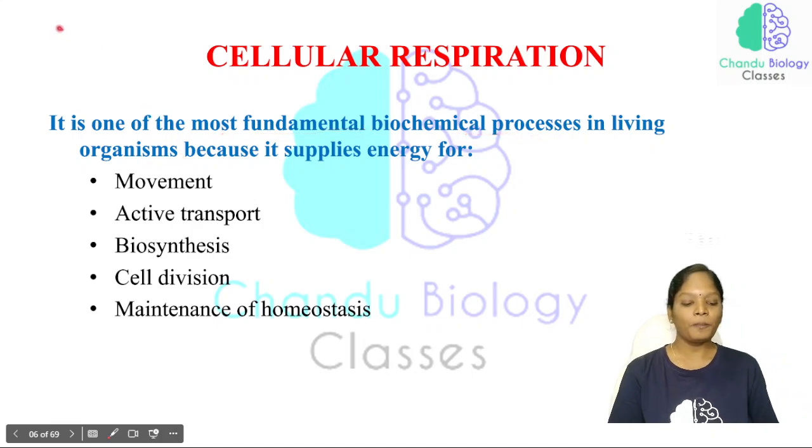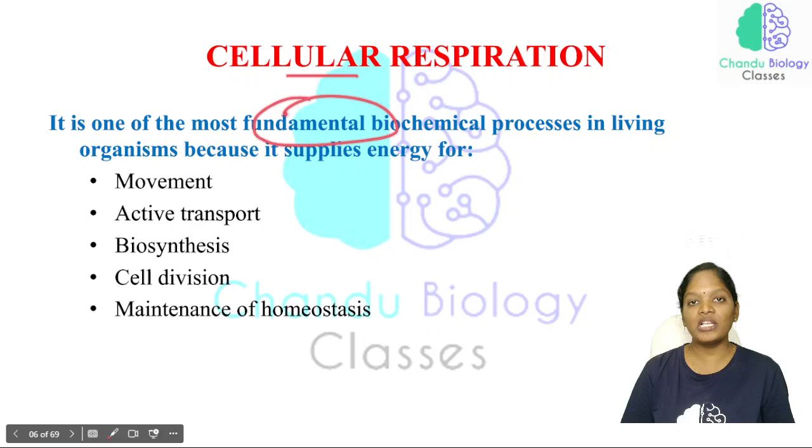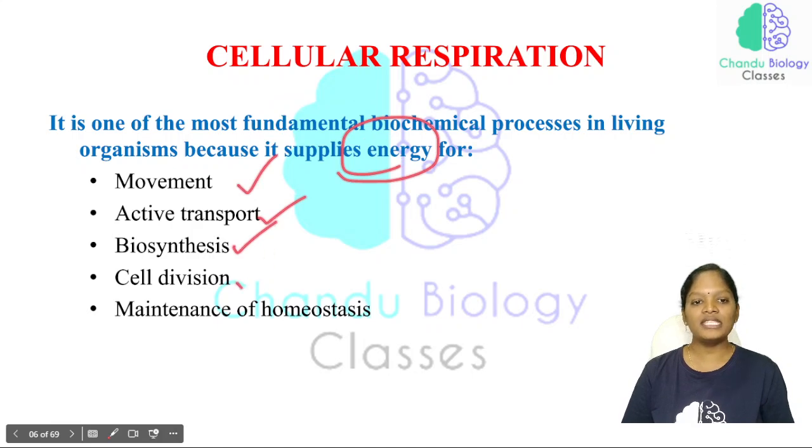See here, what have we discussed? In cellular respiration, complex molecules are broken down. As a result of breaking, energy is released, and this energy is converted into ATP. And why do we need energy? This is why we say cellular respiration is a fundamental process, because it supplies energy for movement, active transport, biosynthesis, cell division, and maintenance of homeostasis.